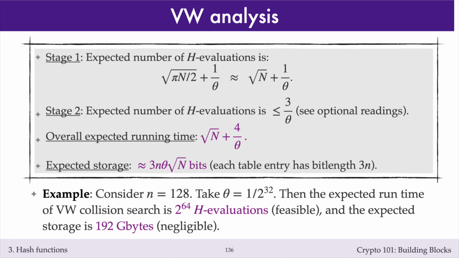In conclusion, the VW attack has the same running time for finding a collision for a 128-bit hash function as the first generic attack. But the space requirements have been reduced from 500 million terabytes to only 192 gigabytes. A very substantial reduction indeed.